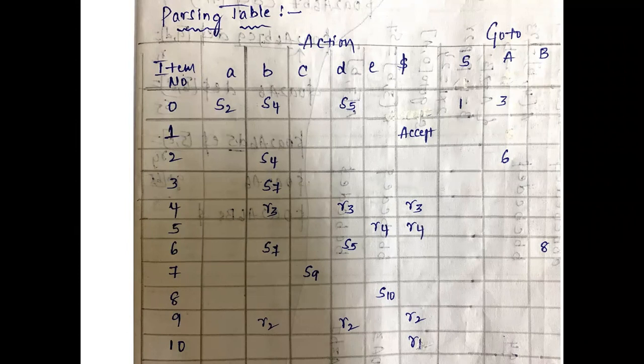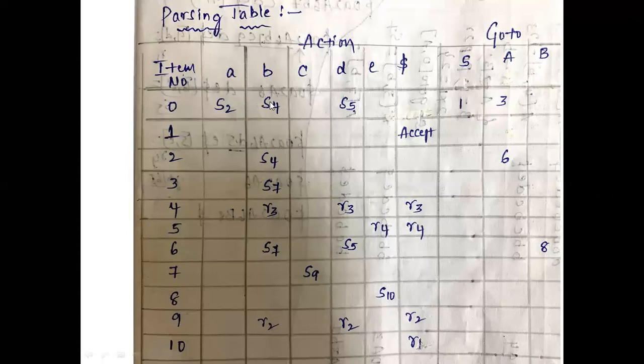So we need to shift, we need to reduce, and we need to show success, that means accept, or sometimes it may be an error. To show the type of operations that we are performing, we use these symbols. In the action part, we only use 4 basic operations: shift, reduce, accept, and whatever blank cells we have are all errors.